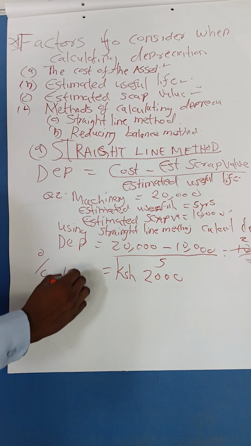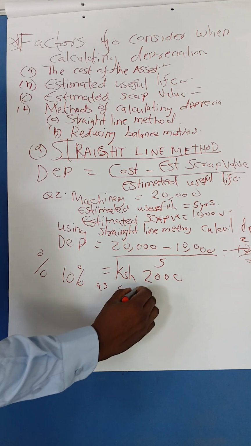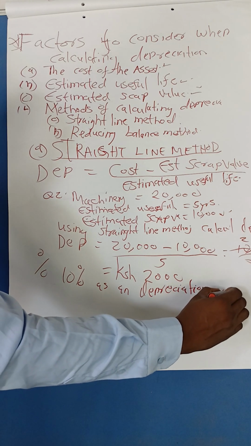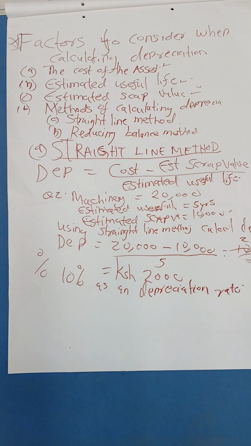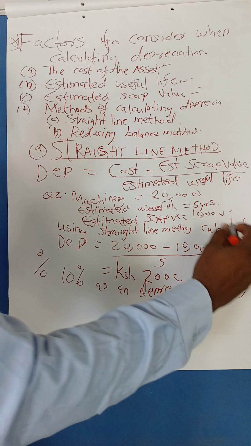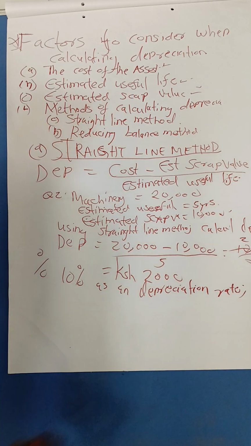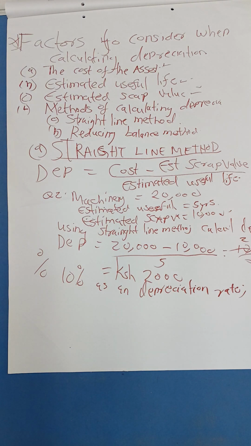You'll be told 10% as the depreciation rate, using the straight line method, and the cost of an asset that was purchased in the farm was 20,000 Kenyan shillings.